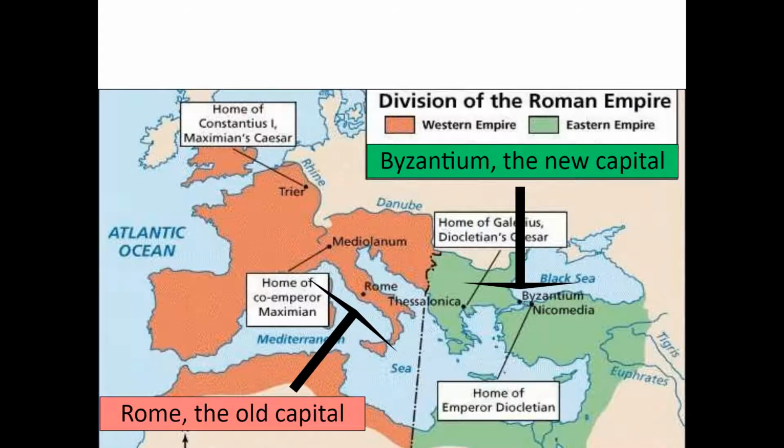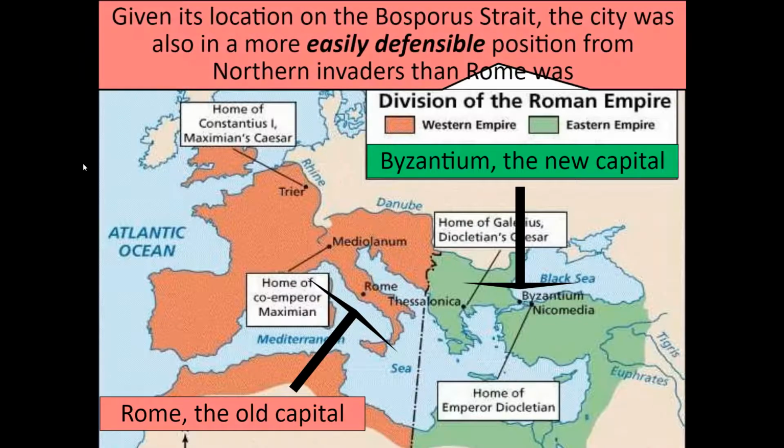So Byzantium, which then becomes Constantinople, which is modern day Istanbul, and you can see the old capital of Rome, right, in Italy, in the boot, and the new capital of Byzantium, which becomes the home of the new capital of the entire Roman Empire.